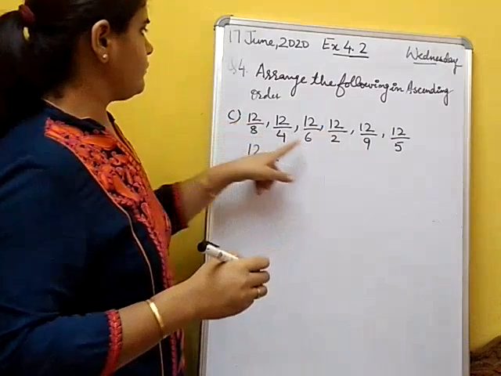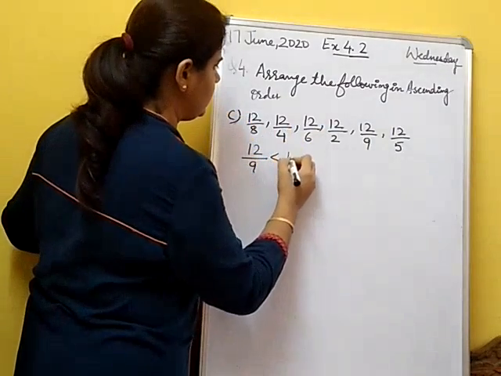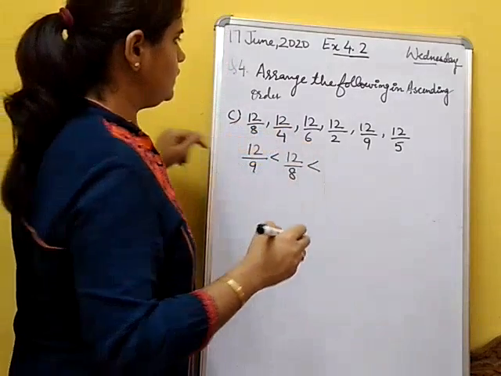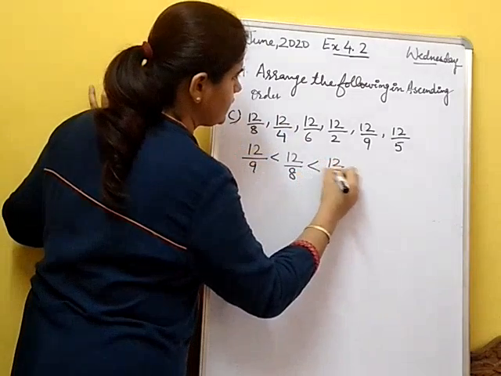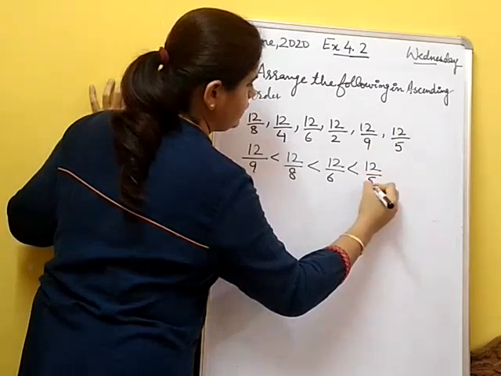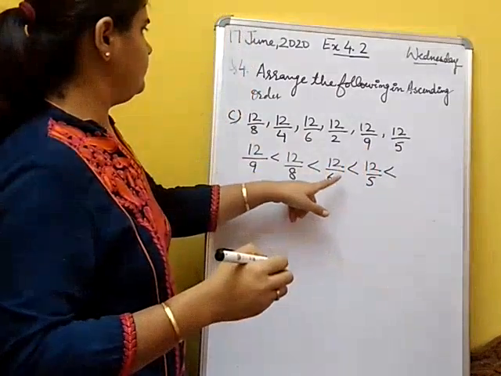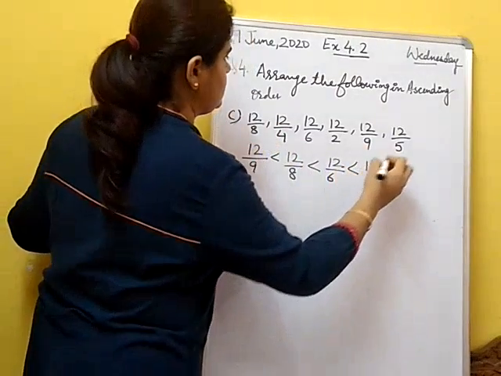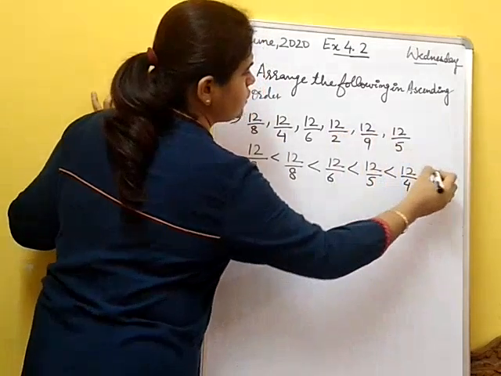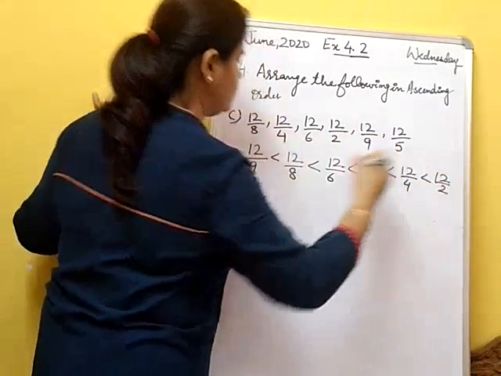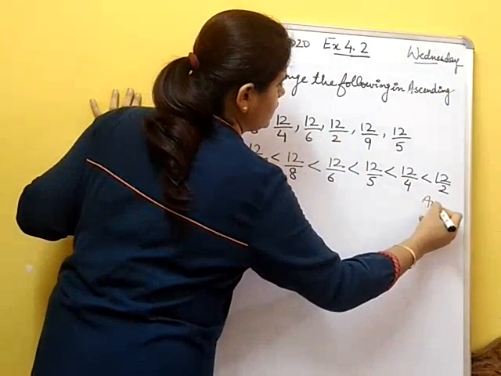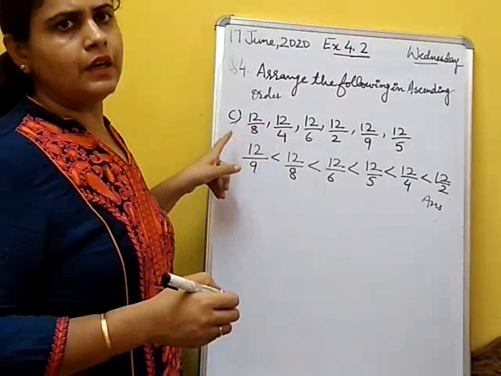Then the next number will be 12 by 8, next 12 by 6, again next 12 by 5, next 12 by 4, and again next 12 by 2. So this will be your answer. Or another way is to take the LCM.